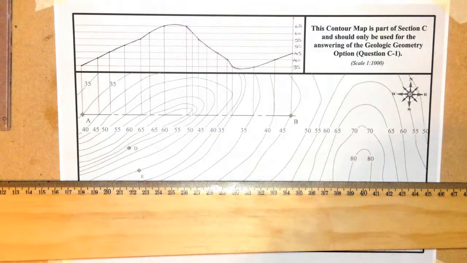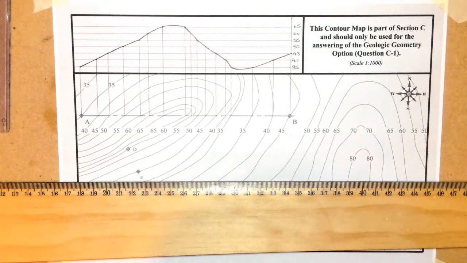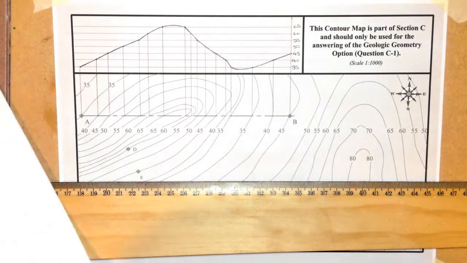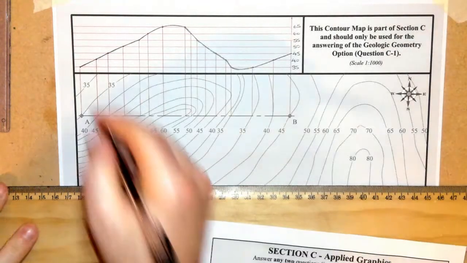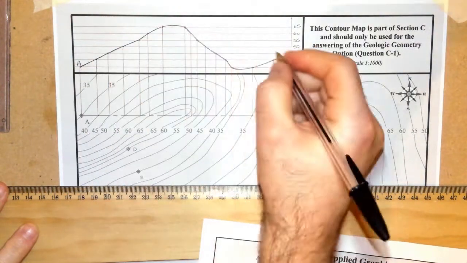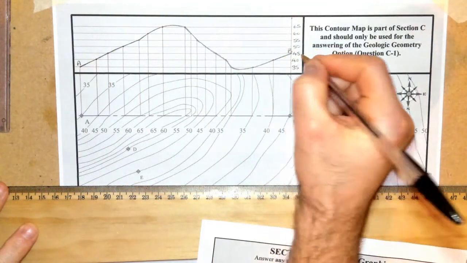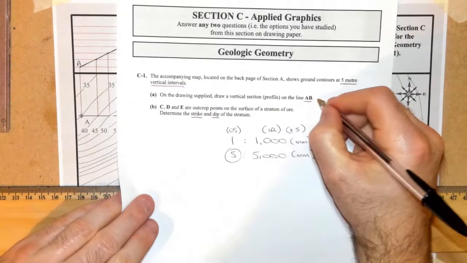So there we have it, guys. That is the vertical section profile done along the line AB. I'll identify A as well, and there's B over here. So part A of that question is done.